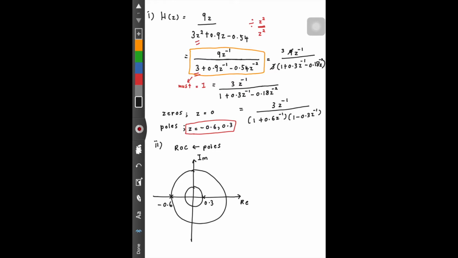So these are two poles, so basically you're going to have 3 ROC: right-sided, left-sided and two-sided. Okay, so if you still remember, go back to your lecture. For ROC it must be at the positive part.